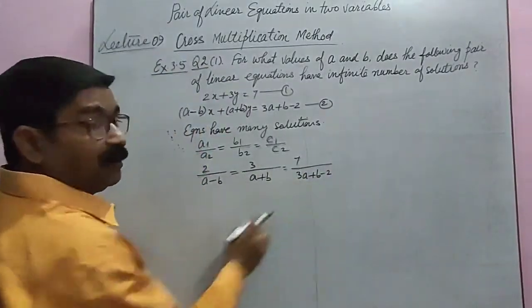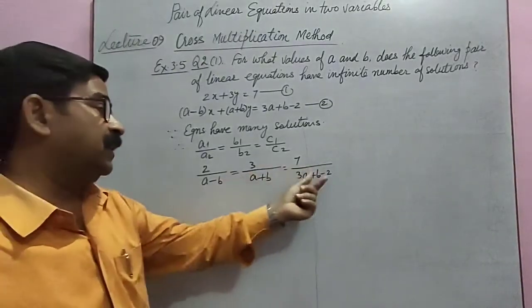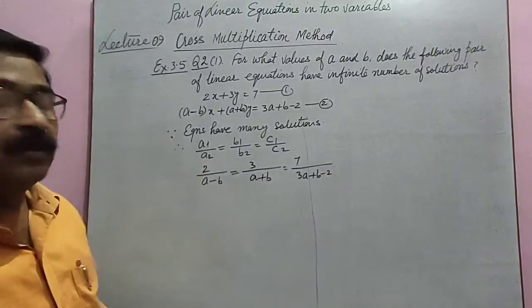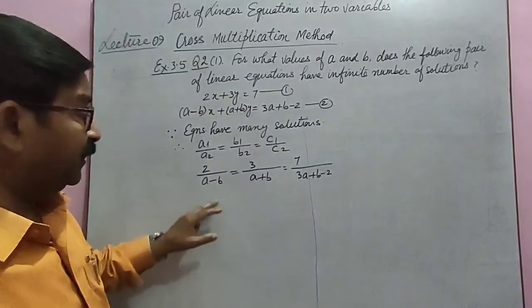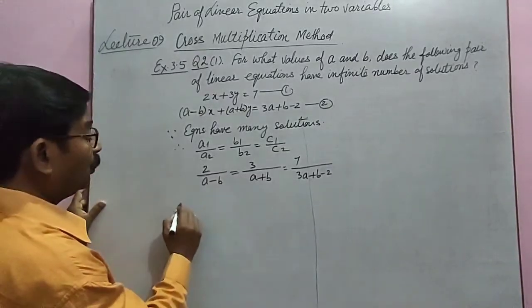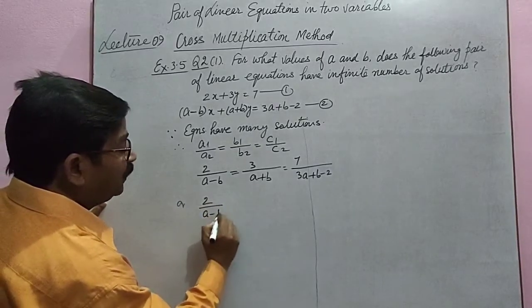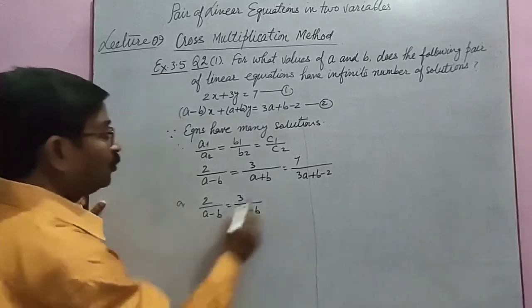Now all are equal. So taking first and second, or first and last, or second and third, any two together, we can solve the equation. Let's see. I am taking first and second. 2 upon a minus b is equal to 3 upon a plus b. Cross multiply.